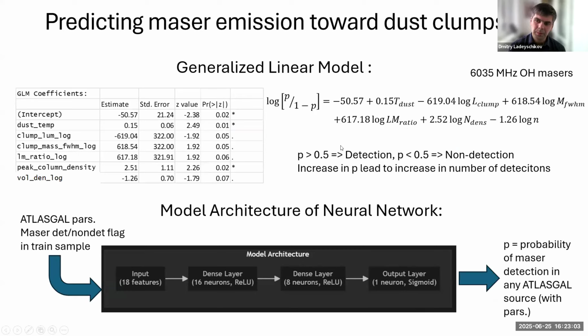If you assume some threshold like 0.5, what is higher is probably detection, lower is non-detection. For neural networks, it's quite a bit more complex. You don't have such a formula, but you can also predict maser emission in any source using physical parameters as input.